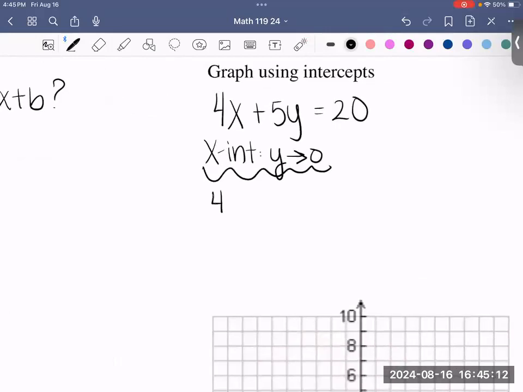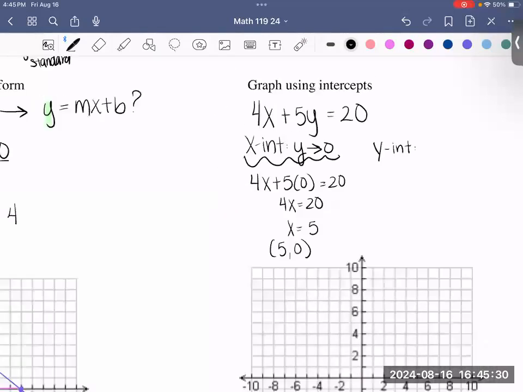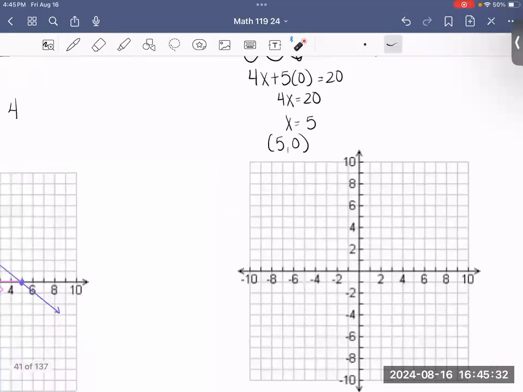So we have 4x plus 5 times 0 is equal to 20. So you have 4x is equal to 20 and x is equal to 5. So this is your x-intercept of (5, 0). And if we did the same thing for your y-intercept, this is anytime your graph touches the y-axis, when x is equal to 0.